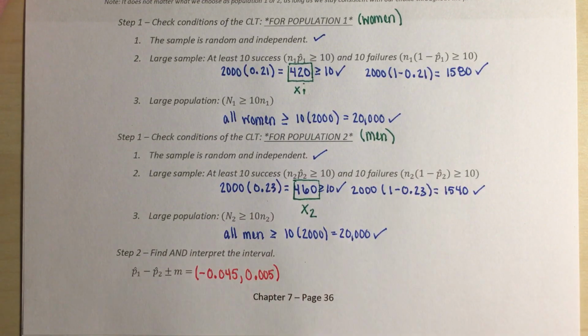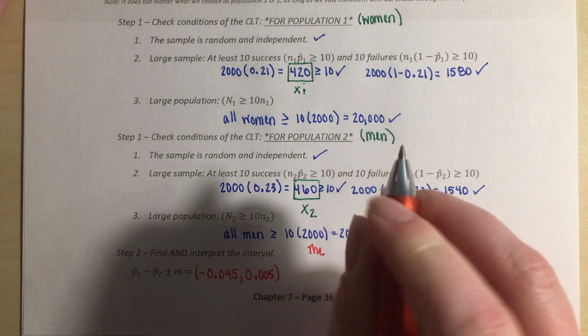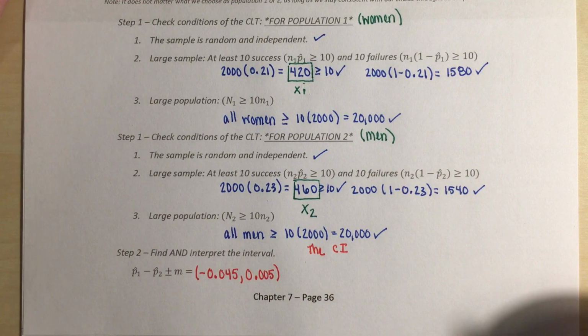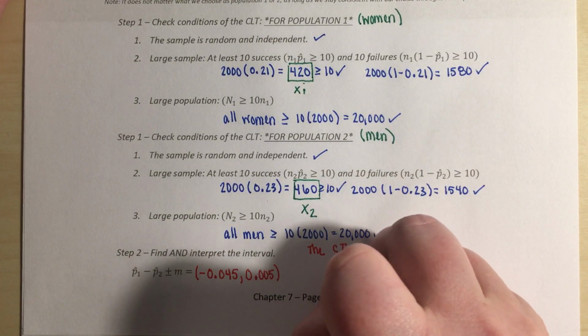So for our interpretation, I'm going to squeeze it down here tiny in the bottom. The confidence interval, we'll just use CI as a short notation, includes 0.